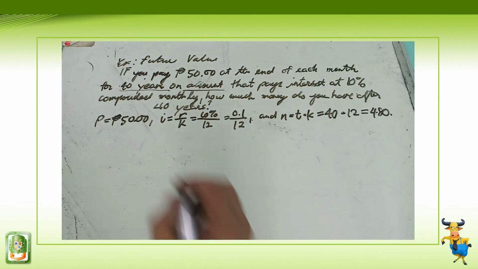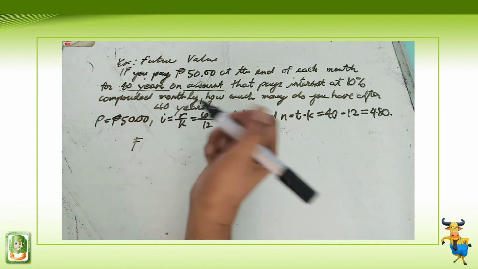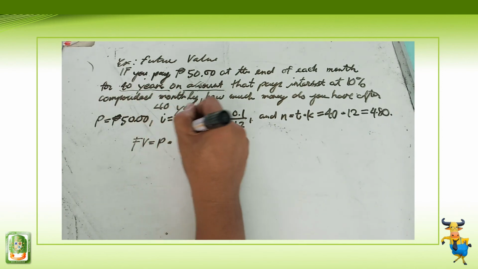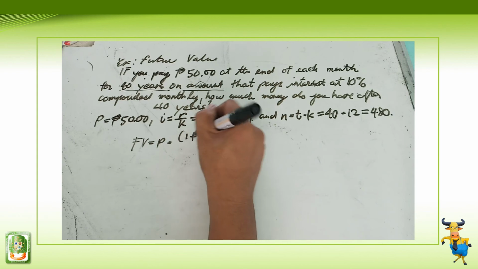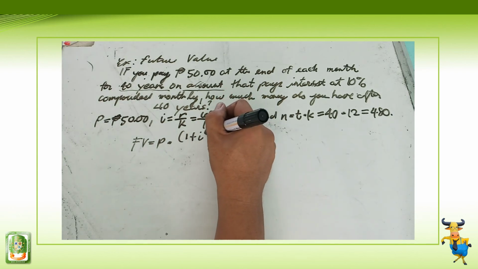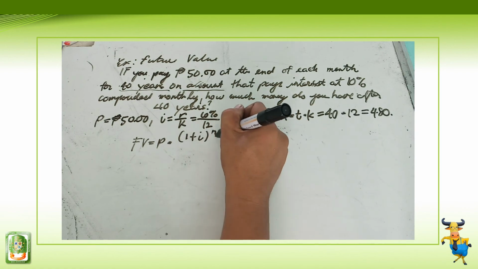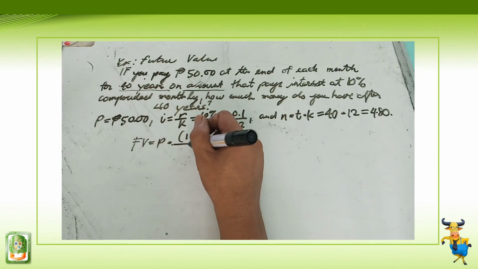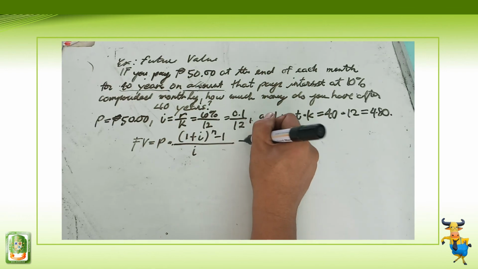To find the future value, we have FV is equal to P times 1 plus the interest rate per period raised to n minus 1 over the interest rate per period.